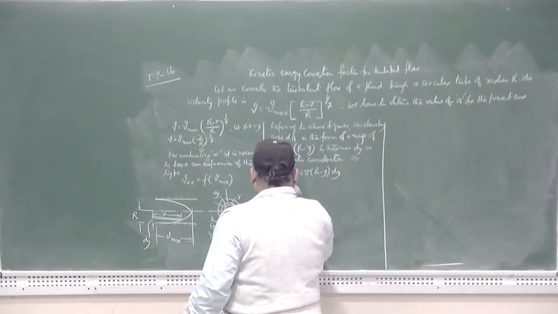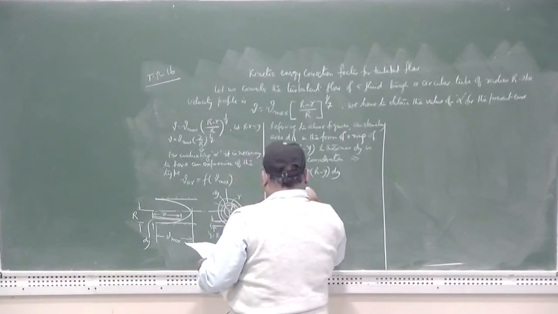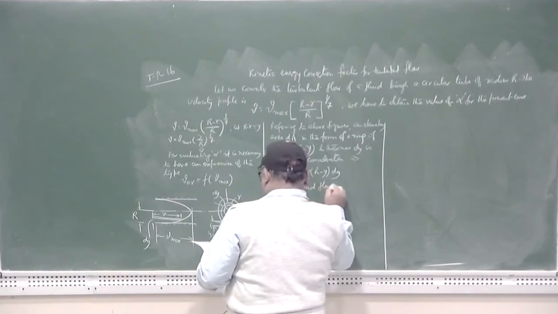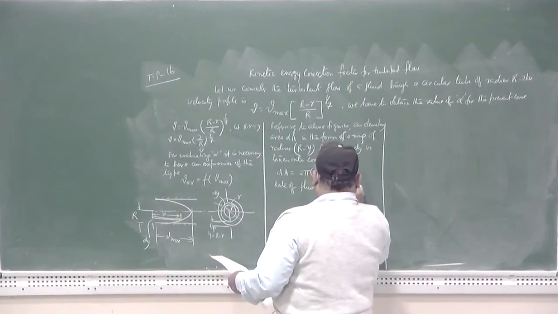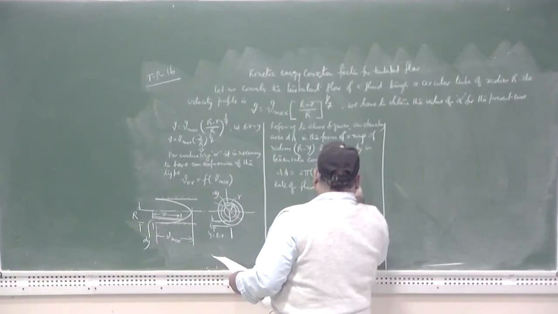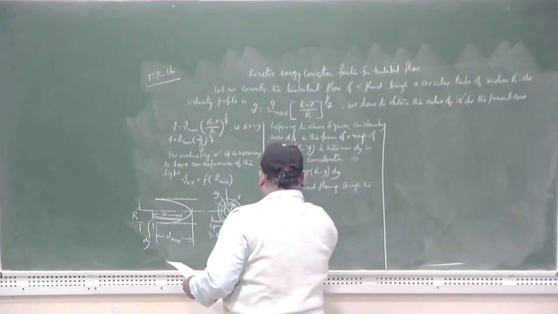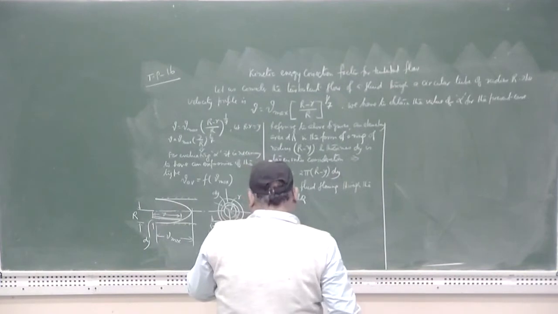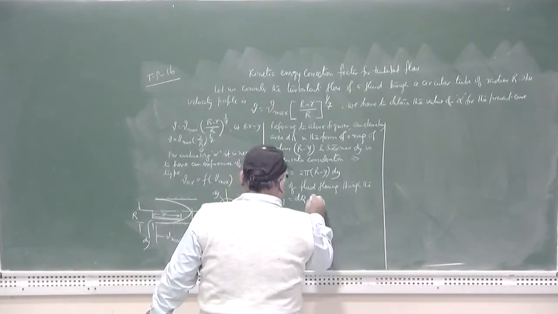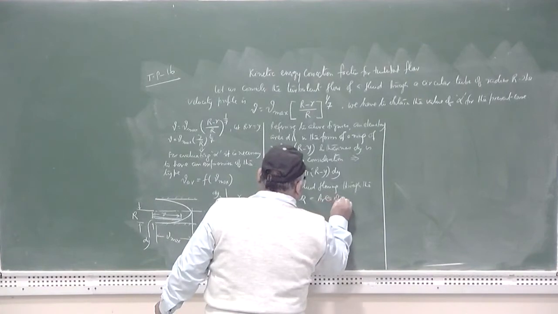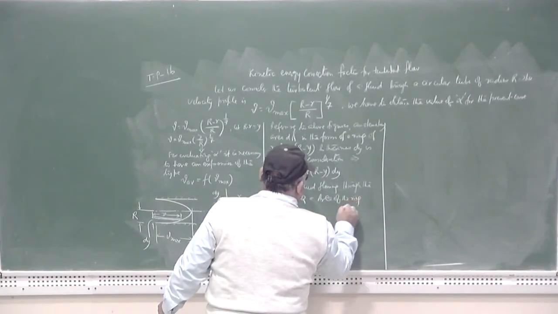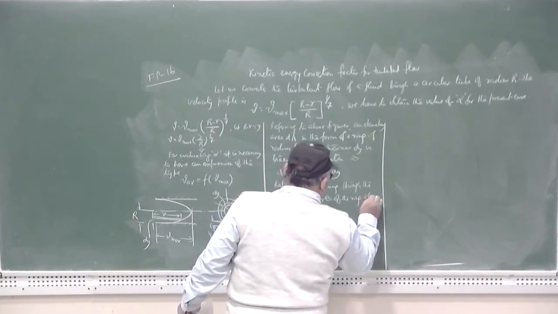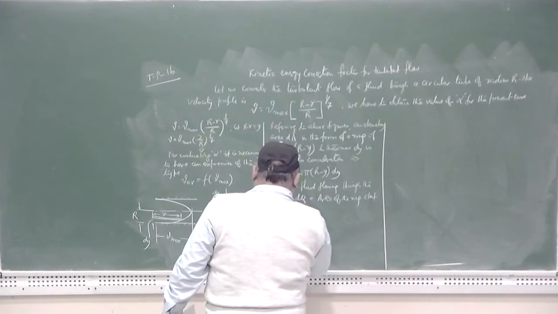Rate of fluid flowing through the ring is dq, which should be equal to the area of the ring into the local velocity.